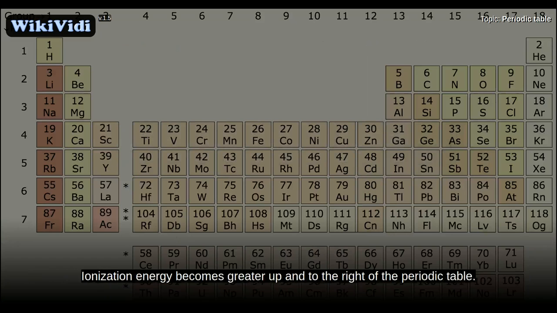Ionization energy becomes greater up and to the right of the periodic table. Large jumps in the successive molar ionization energies occur when removing an electron from a noble gas configuration.